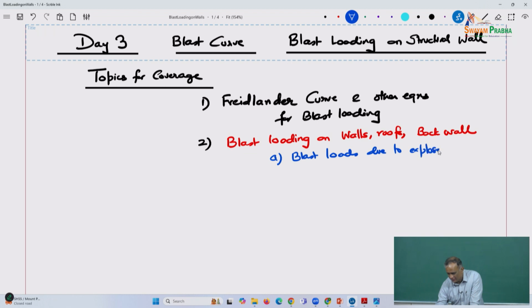You'll see we've made some comparisons, you'll see some differences, but a lot of similarities as well. Blast loads due to petrochemical blast.